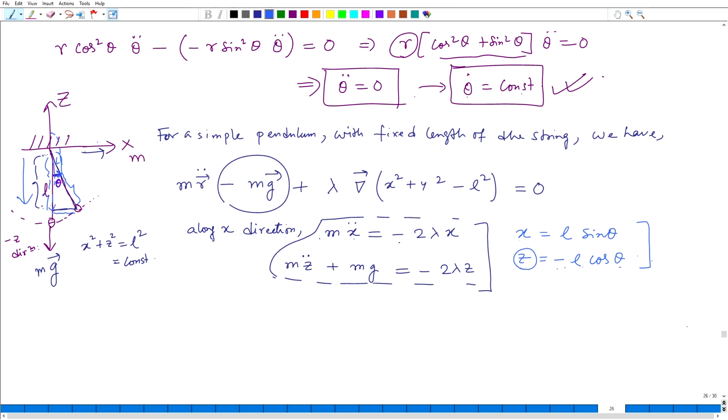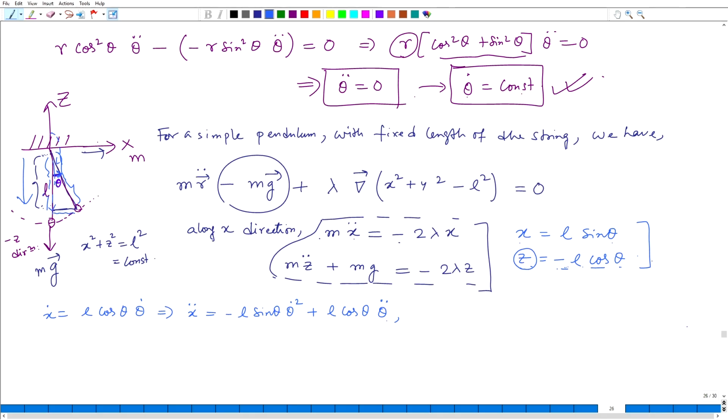If you have x is equal to L sin theta and z is equal to minus L cos theta, then your x dot will simply be L cos theta, theta dot, and your x double dot will simply be minus L sin theta, theta dot square, plus L cos theta, theta double dot. Okay.